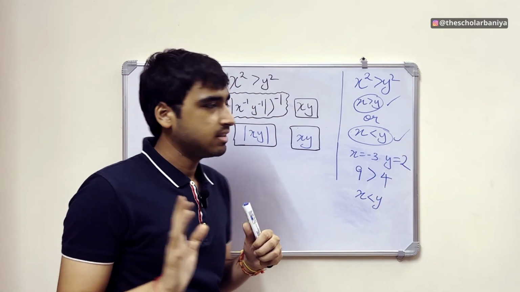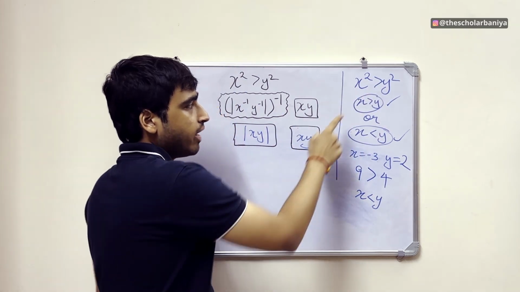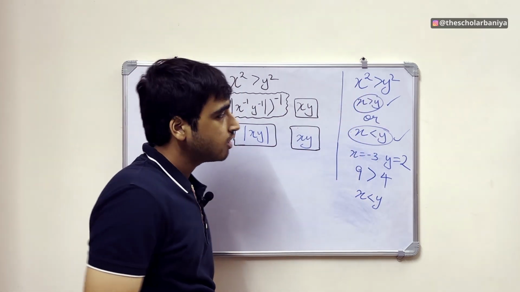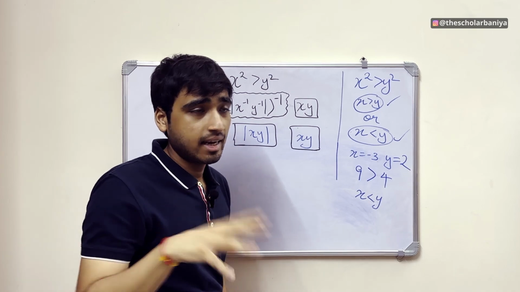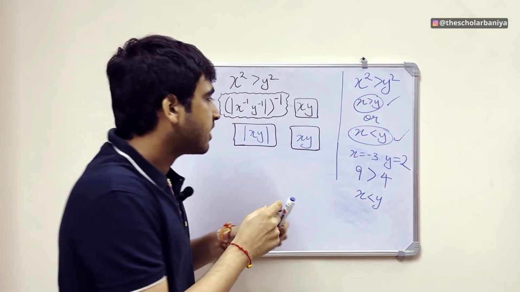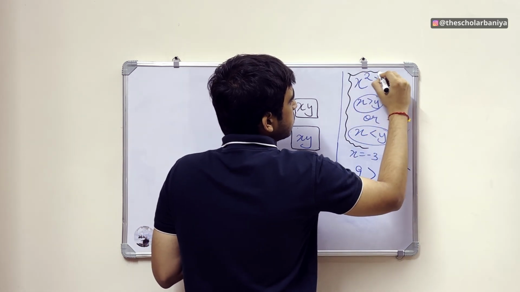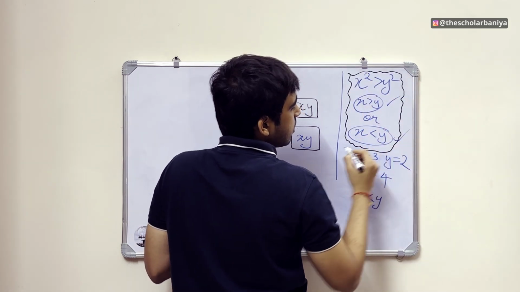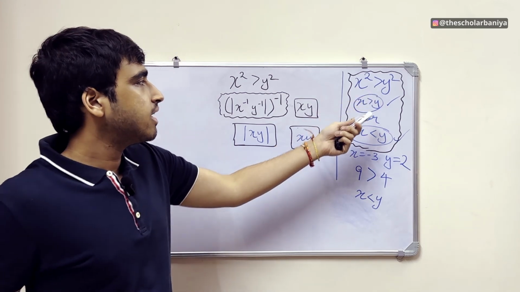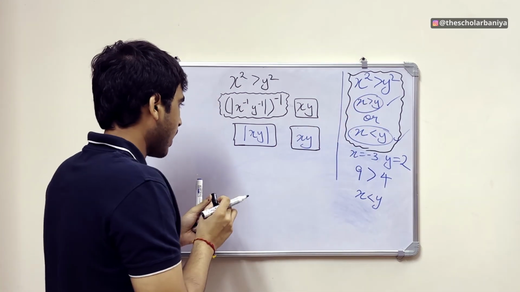So what I mean is that if x square is greater than y square, x can be greater than y also, and x can be less than y also. So these both are possibilities. So you should remember this as a formula, that if x square is greater than y square, x greater than y, x less than y, both are possible.